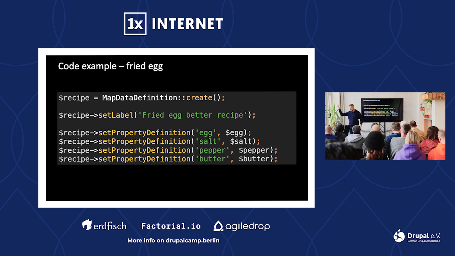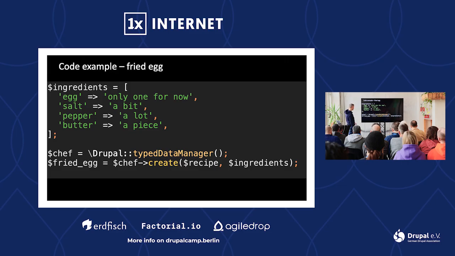So we have recipe, we have ingredients. Who else is needed? Of course, the chef, which is type data manager. And what's important here, as I said, finally at this point he is grabbing the values and injecting them into the recipe. So chef is creating the result.